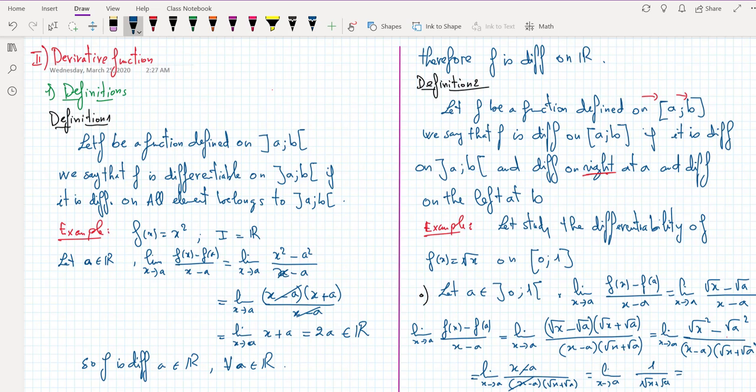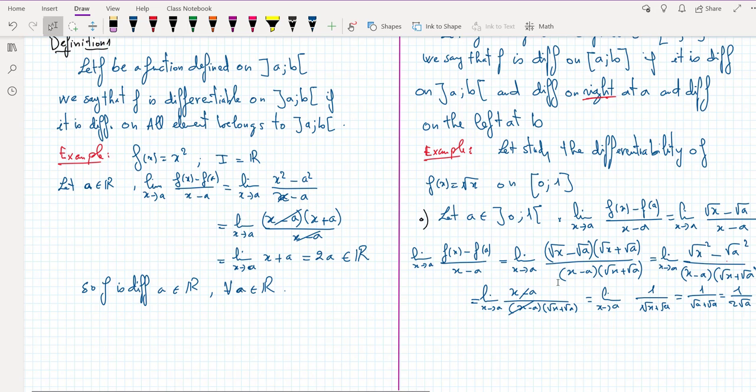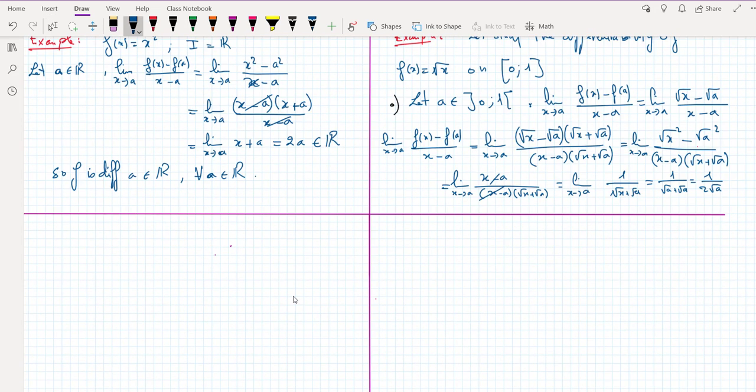If we replace now x by a, we'll find that this limit is equal to 1 over root a plus root a, which is 1 over 2 root a. So 1 over 2 root a belongs to R, which implies f is differentiable on 0, 1 open.